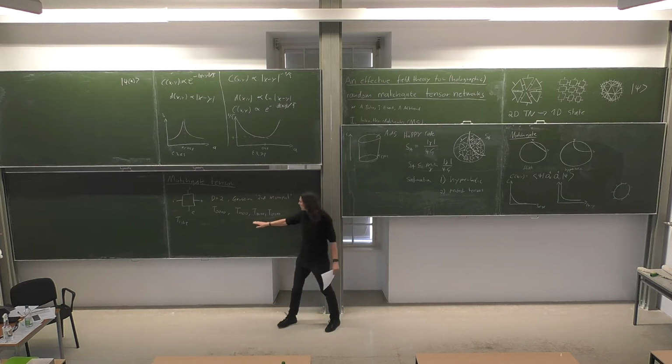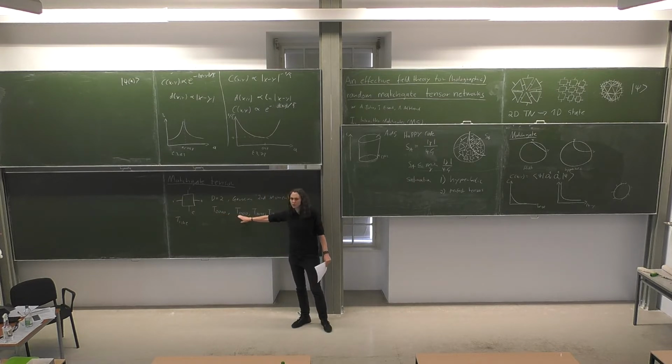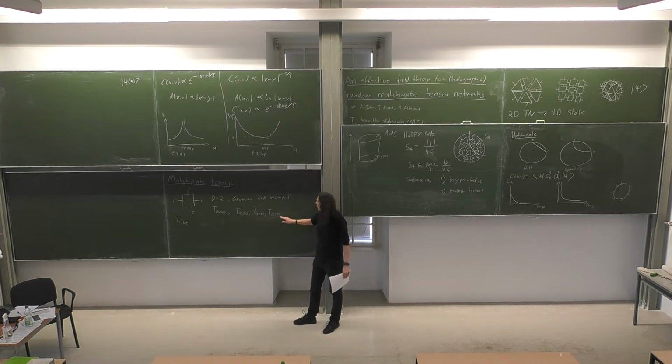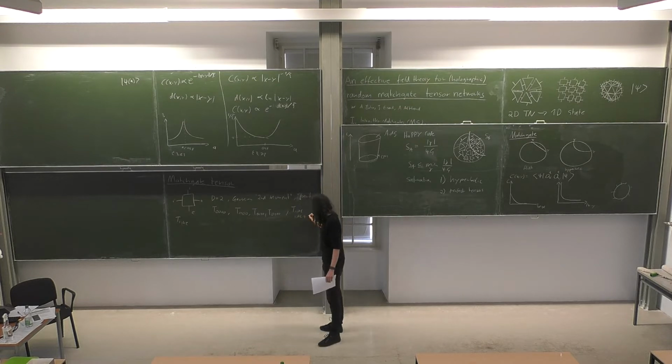If I give you just the T_0000 entry and all the entries with two 1s and the rest filled up with 0, the whole tensor is specified. So how does it work? We have a parity constraint, so all T_ijkl where ijkl under Z2 multiplication is not the identity are set to 0.